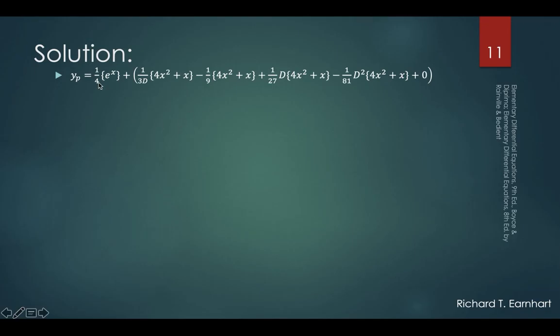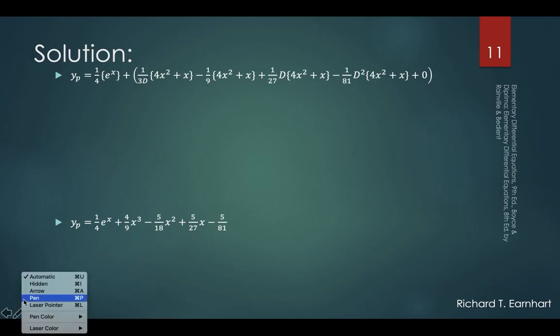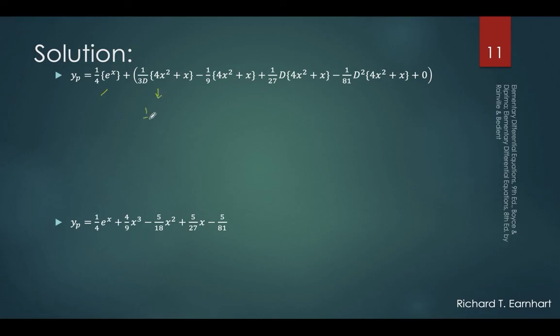So what happens here? We have 1/4 e to the x. Now this one is actually 1/3. When you have 1 over D, it means integral.